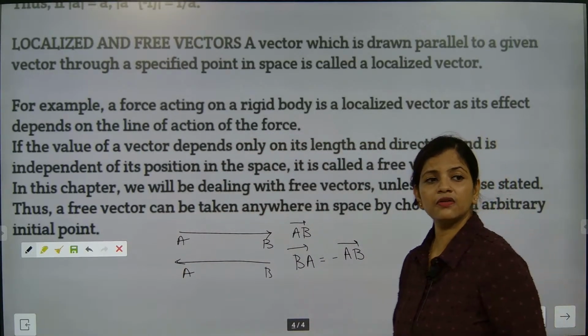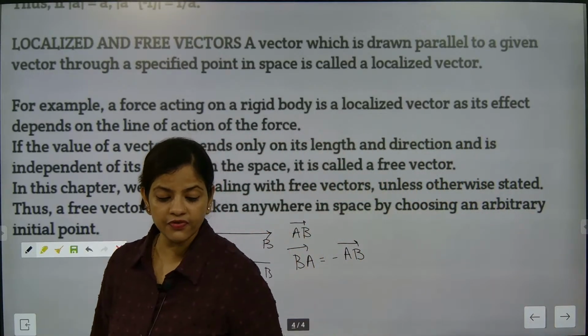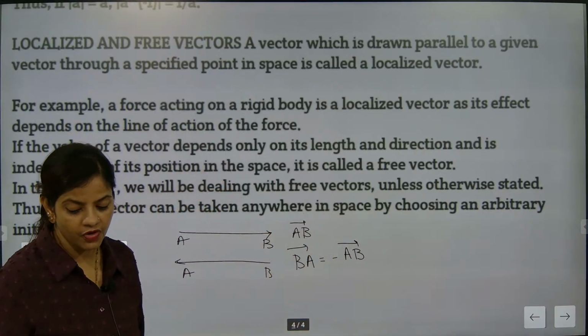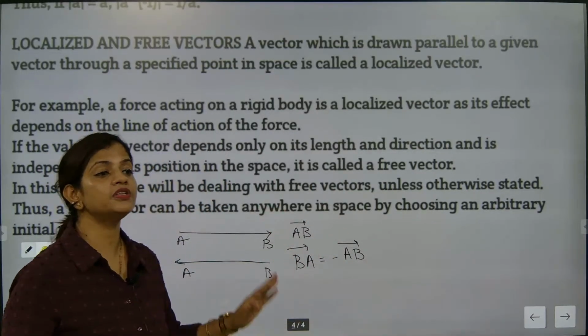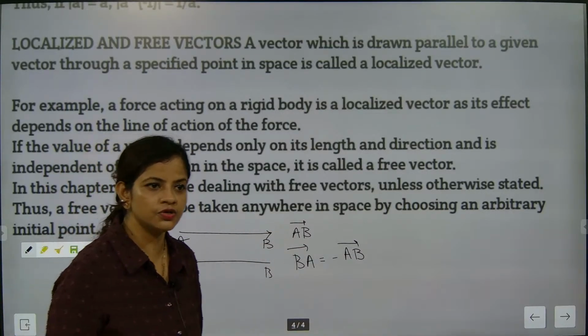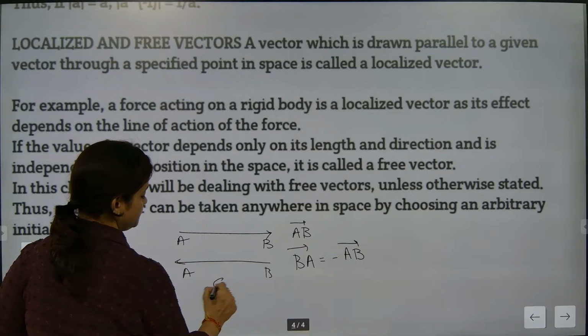If you are finding the negative of the same vector, then you must remember their magnitude will be equal but direction will be opposite. Understood?